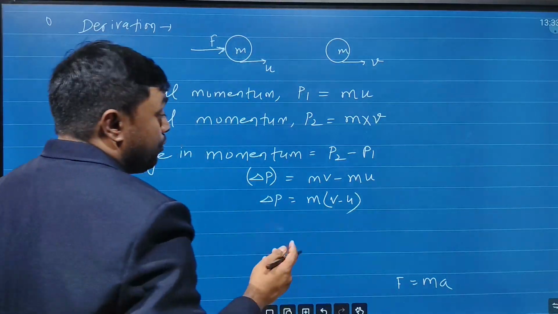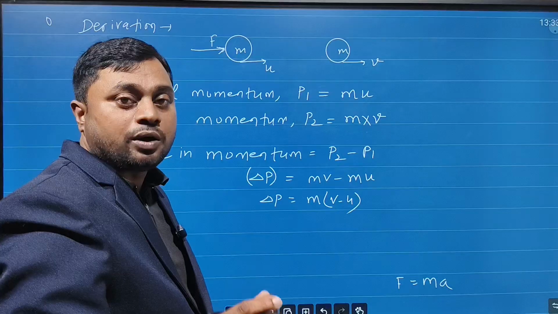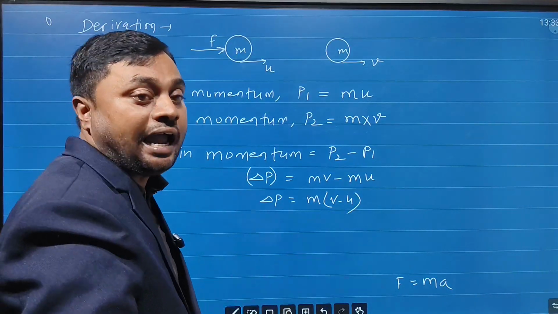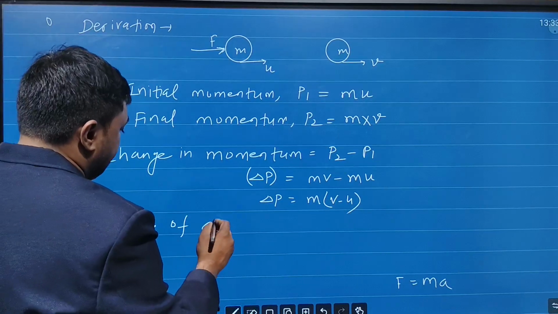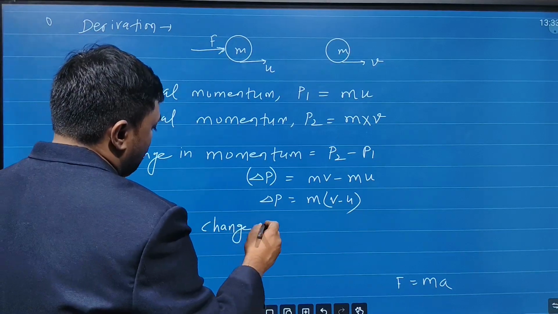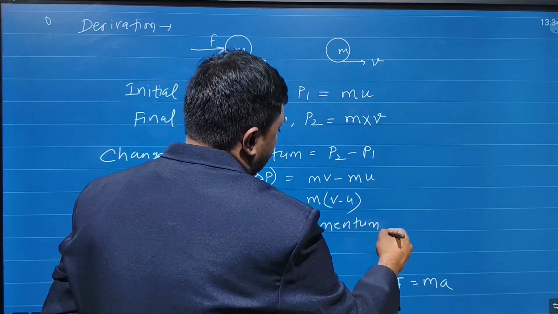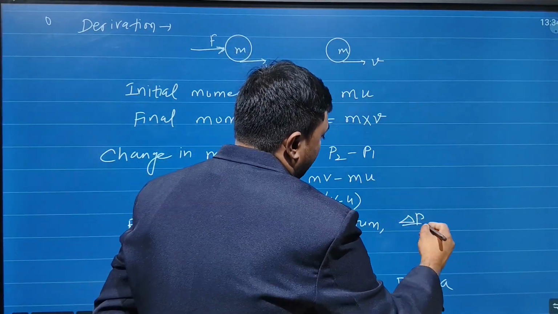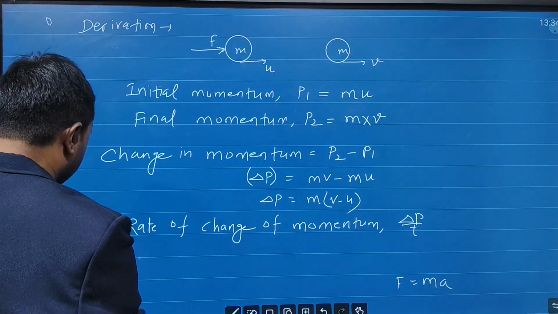Am I clear? When we talk about rate of change in momentum, what is rate of change in momentum? Change in momentum by time. Yes or no? So rate of change of momentum is nothing but change in momentum upon time. So what is it according to Newton's second law?